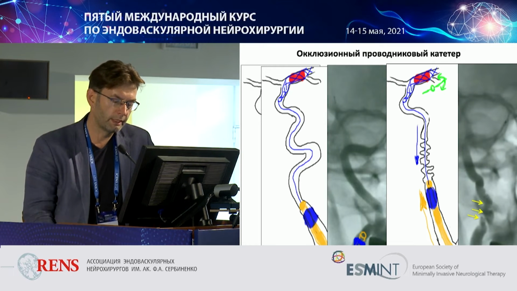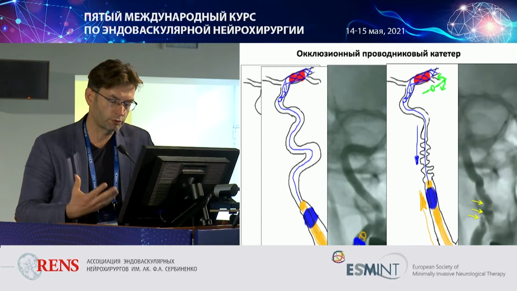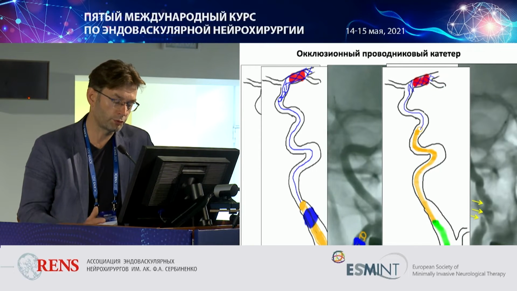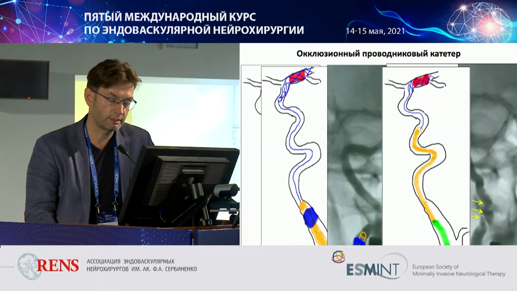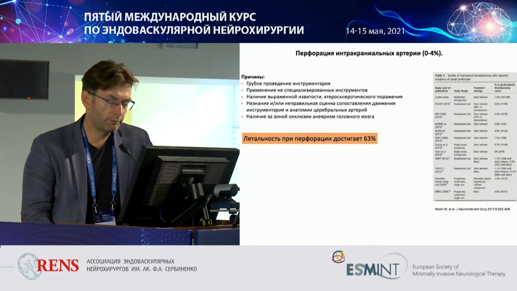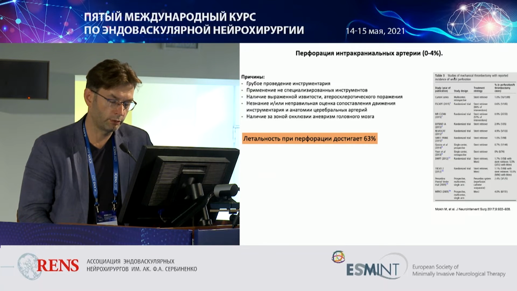Trying to pull out the stent retriever in such a position, you can cause a distal embolism and even dissection of the internal carotid artery. So in this case, the optimal course of action is to use a distal catheter or an aspiration catheter in combination with an occluding guide wire.